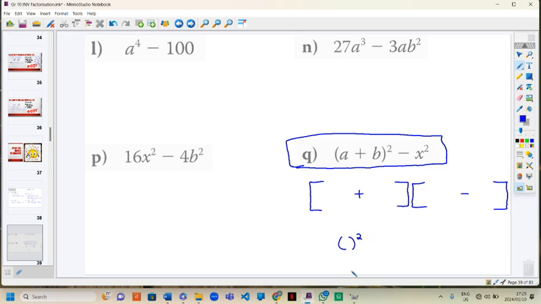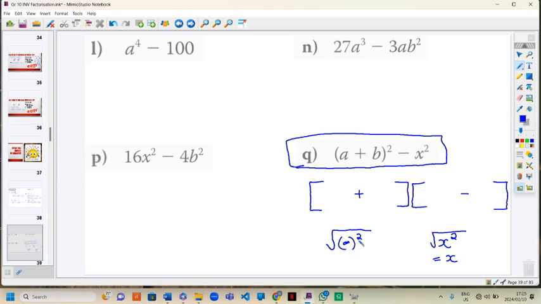Now let's actually start with an x squared. If I square root x squared, what do I get? I get x. But now if I square root a bracket squared, what changed here? All I changed was an x to a bracket. I don't care what's inside the bracket for now, I just care about the bracket.